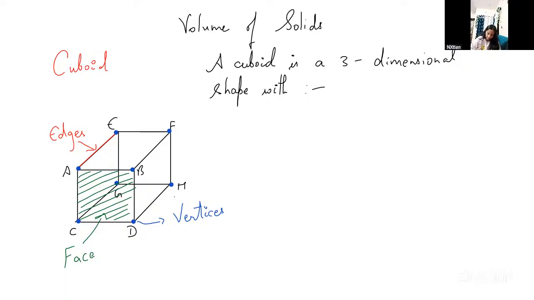So we have six rectangular faces. Then we have 12 edges and 8 vertices.